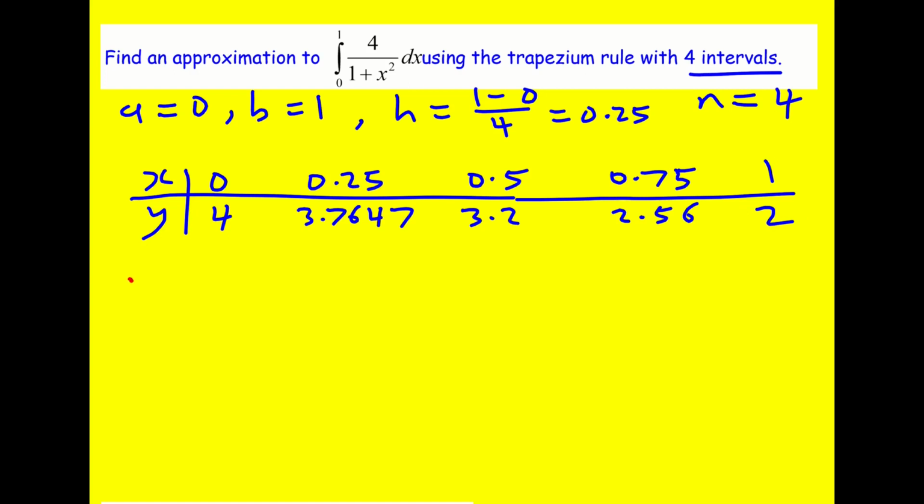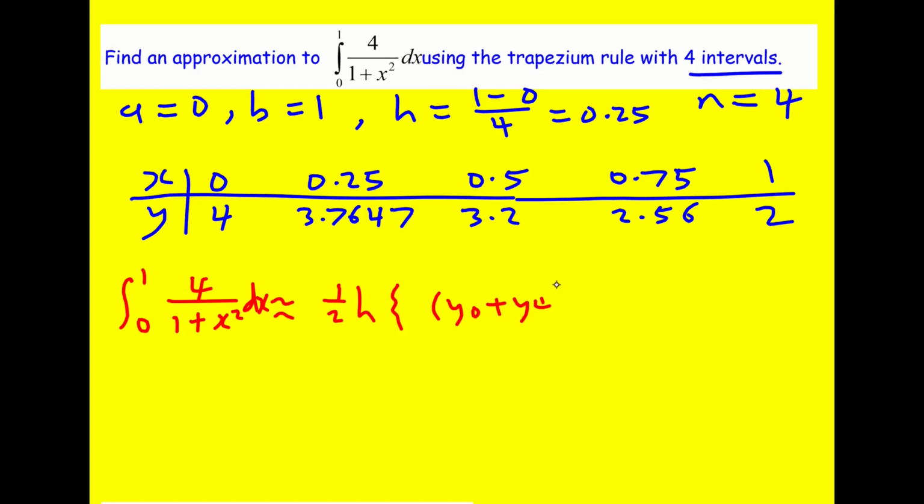Write down the trapezium rule for these 4 intervals. So this integral is going to be approximately equal to half h, (y0 plus y4), plus 2 lots of (y1 plus y2 plus y3).